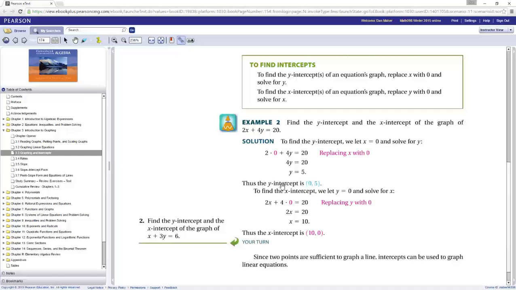That is the y-intercept. If I want to find the x-intercept, what is true about every point on the x-axis? Well, y is equal to 0. So I put 0 in for the y part of this equation, and I end up with 2x plus 4 times 0 equals 20.